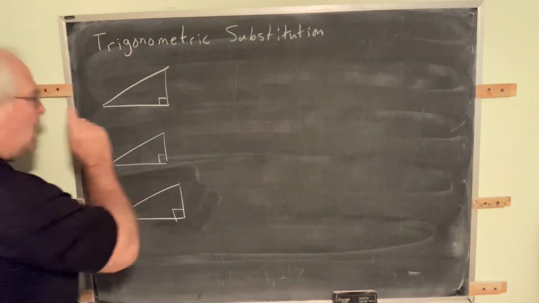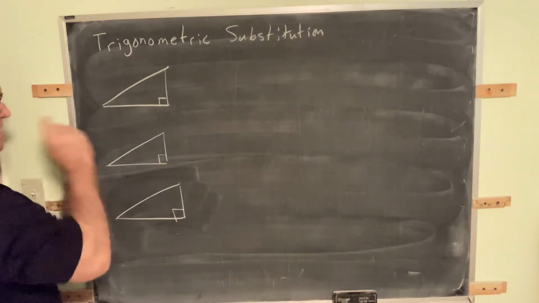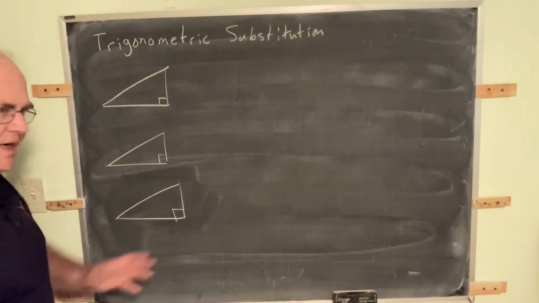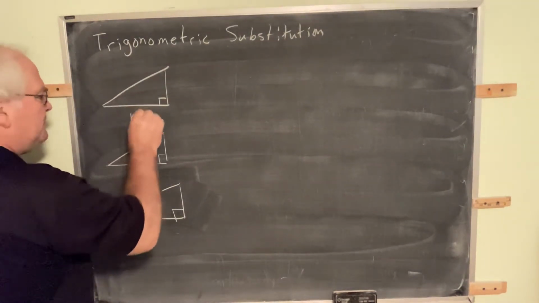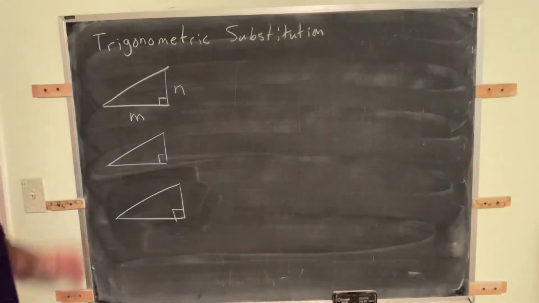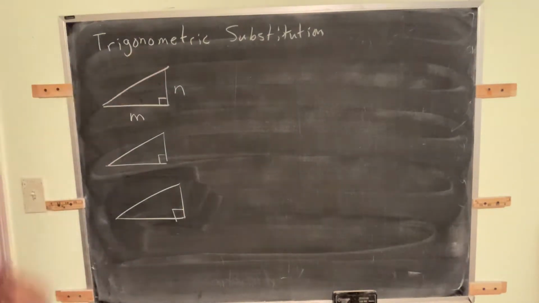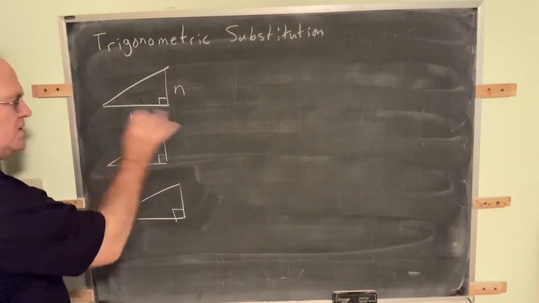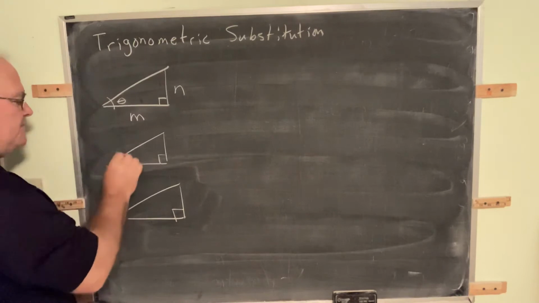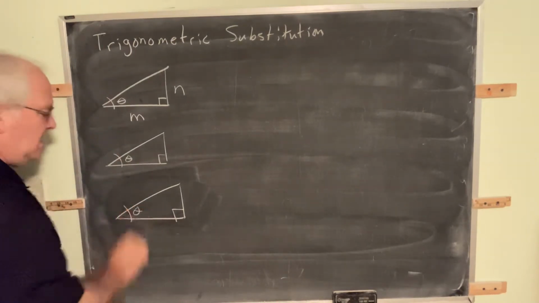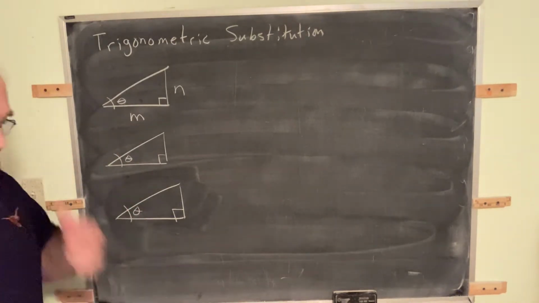So, one category is this. Suppose we know, and I'm going to pick just two variables at random, suppose we know m and n. Suppose we know those two sides of the triangle. When I draw this triangle, I'm always going to draw it in this orientation, and I'm always going to put theta in the lower left-hand corner. You'll see why that happens in just a bit.